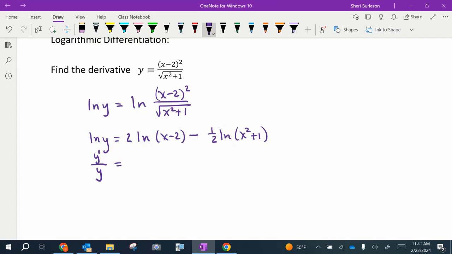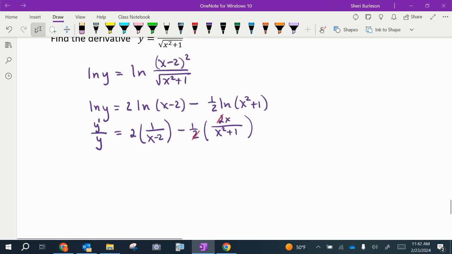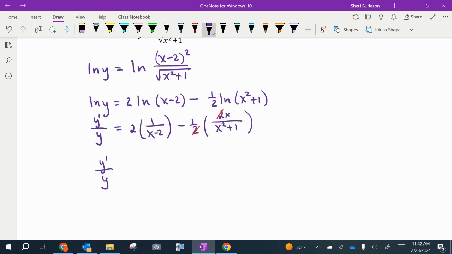And now when I take the derivative on the right, I have 2 times the derivative of the natural log of x minus 2, which is 1 over x minus 2, and the derivative of the inner function is 1, so I'm good, minus 1/2. The derivative of the natural log is 1 over x squared plus 1 times the derivative of the inner function. Those are going to reduce. So what I now have is that y prime over y equals 2 over x minus 2 minus x over x squared plus 1.